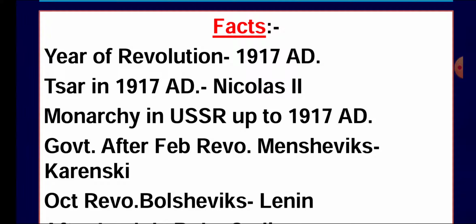In Russia, there were two main political groups during the Tsar. One was Mensheviks, which was led by Kerensky. It was a minority group of socialists.